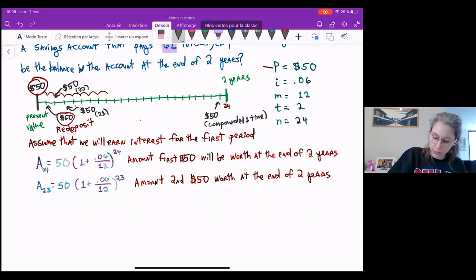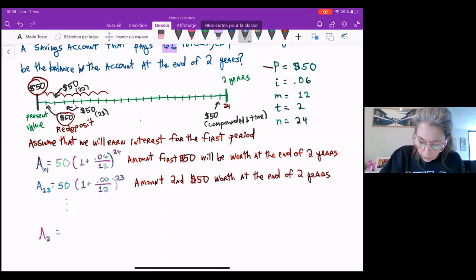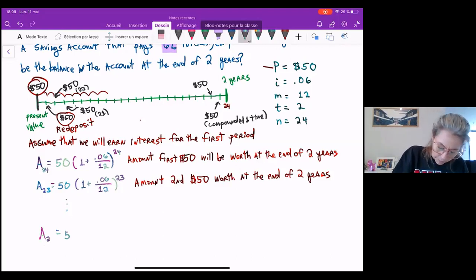So that actually brings us down to what we're going to call A. And actually, I'm going to do A sub 2 as well, just so that we can kind of see this. So A sub 2 would be the $50 right here, and it's going to get compounded 2 times. So my A sub 2 then would just be 50 times 1 plus 0.06 over 12 to the power of 2.